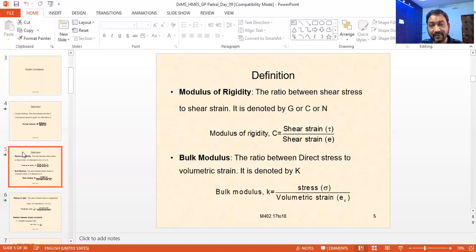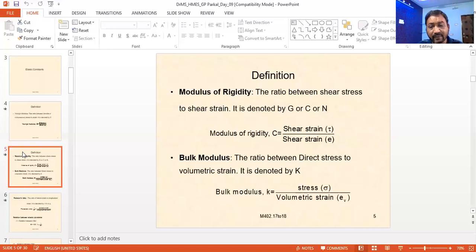Suppose a force is acting along the x direction, then y and z will become the width and the thickness, and yz will be the area. So the direct force for the yz plane will be the force acting along the x axis.